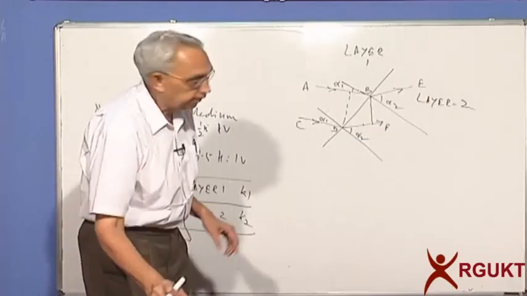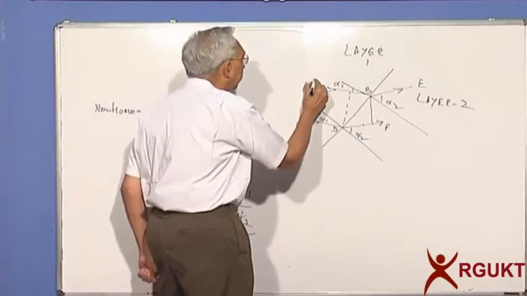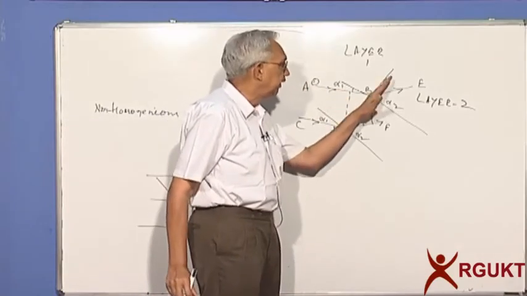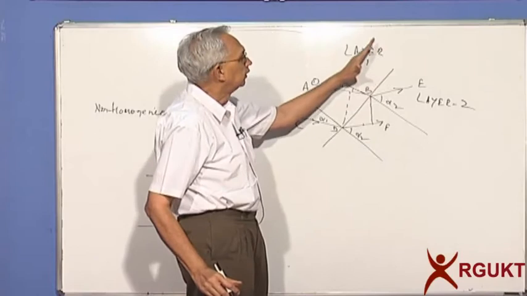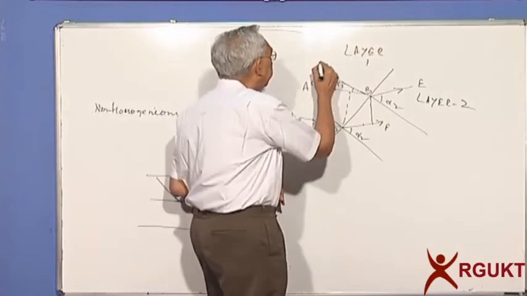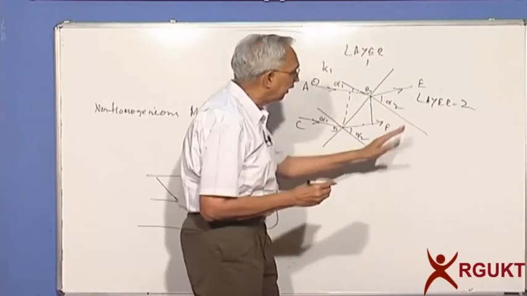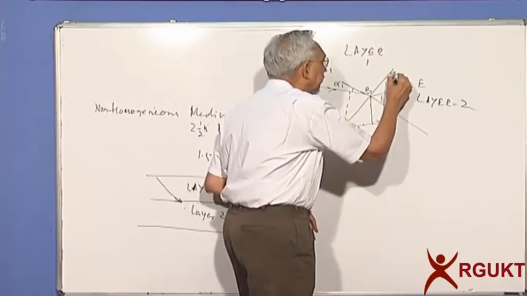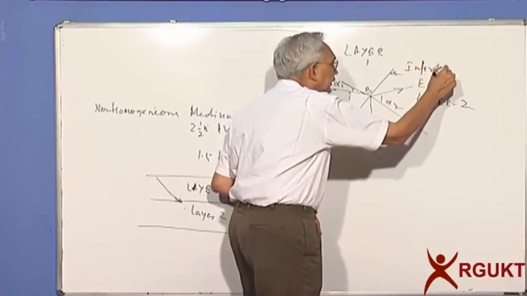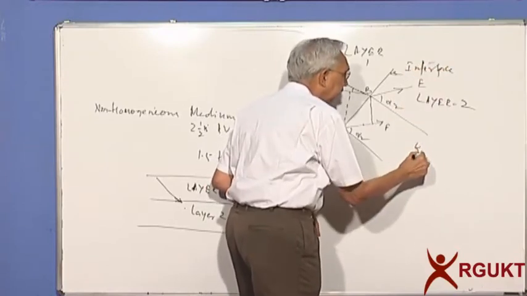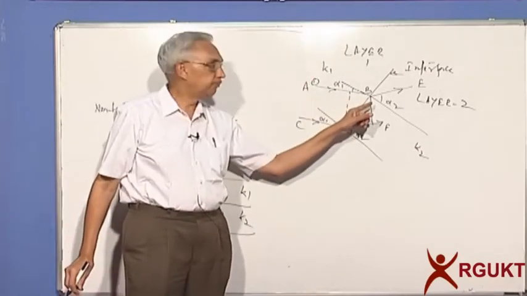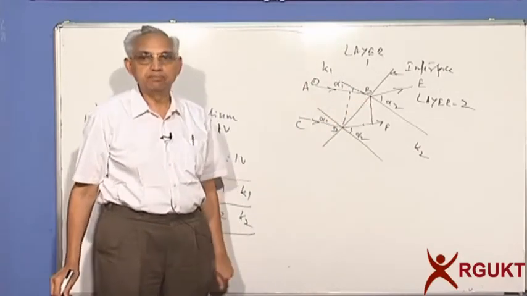The flow line, let's say 1 here, AB, meets with the interface. You have the soil on one side, which is layer 1, with a permeability of K1, and on the other side of the interface, let me call this the interface, the permeability is K2. So when the flow line meets the interface, what will happen to the flow path?